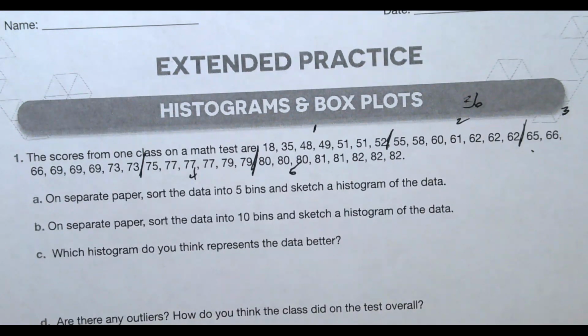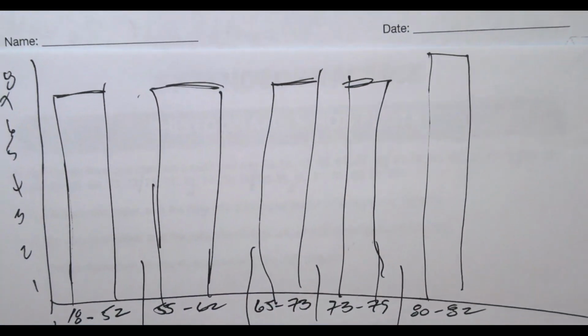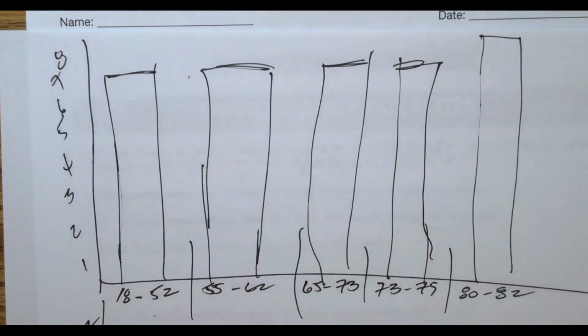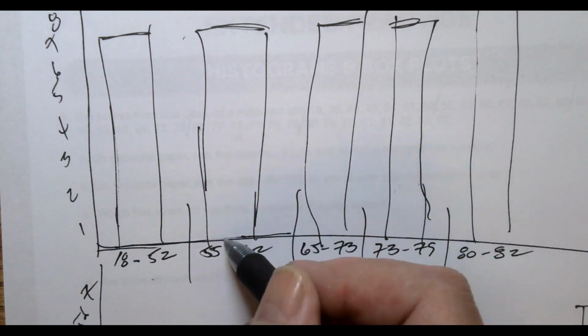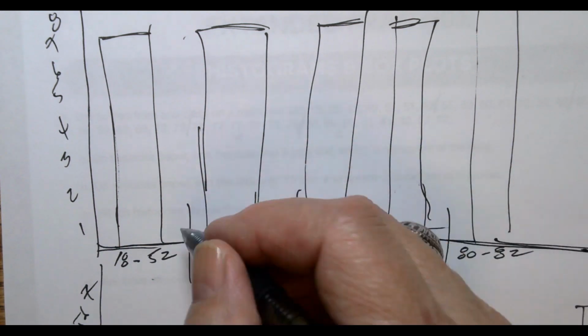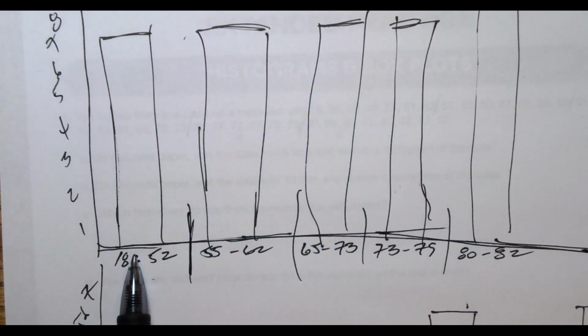I have already done this, so I can show you what we're going to do. I'm going to put my paper over here, and I'm sorry, I'm not a very good drawer. Here's my first bin, 18 to 52, 55 to 62, 65 to 73, 73 to 79, 80 to 82. So this is the bottom part of my graph. Then I count up all the data that falls in the range from 18 to 52.